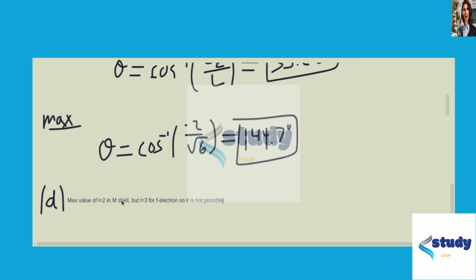Max value of 2 in the M shell, but L equals 3 for an F.